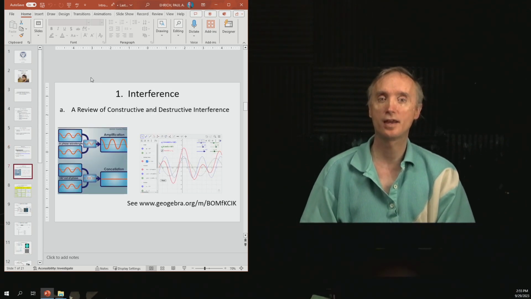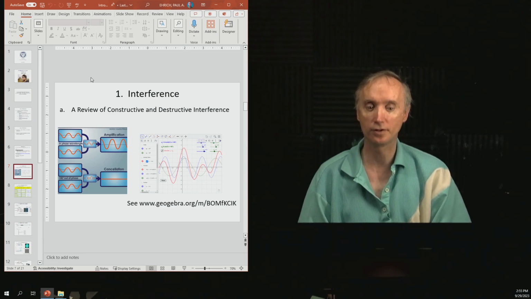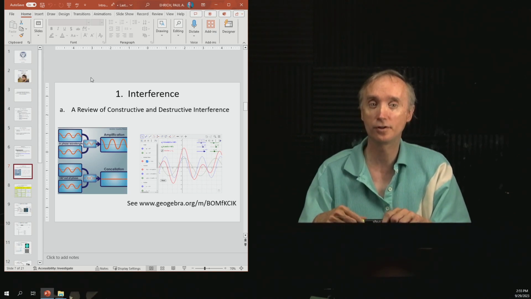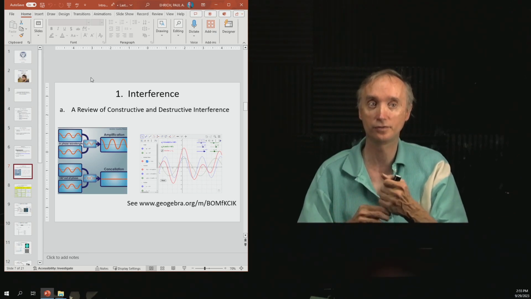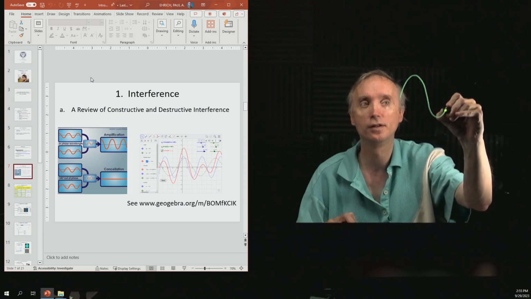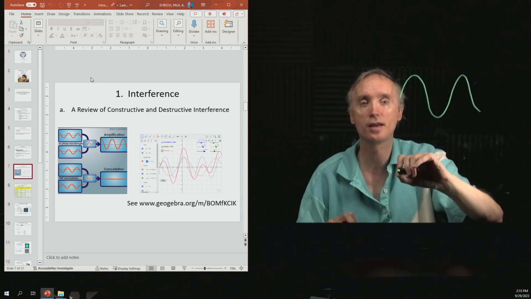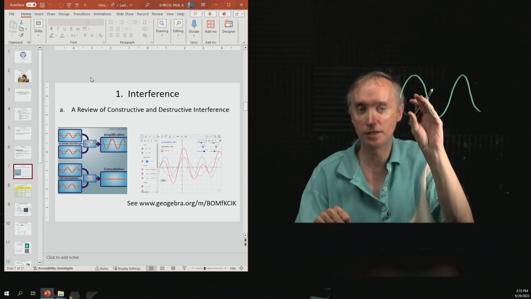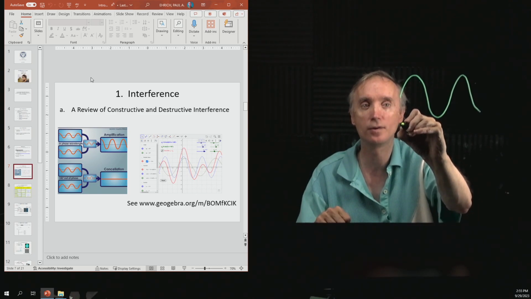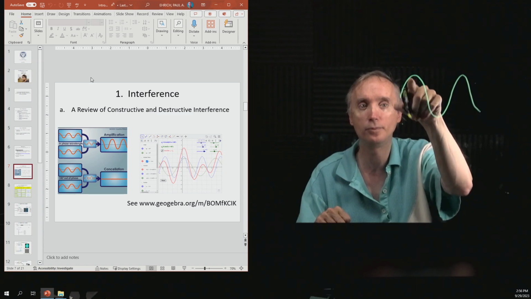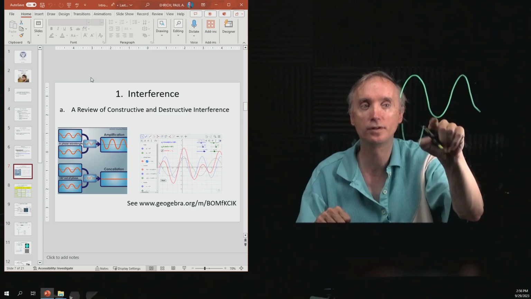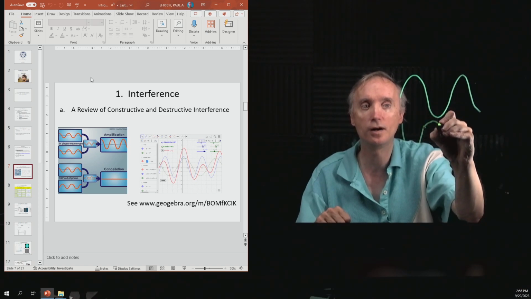All right, first, a review of interference. So what does interference mean? There were two kinds of interference, constructive and destructive. So any time that you got one wave that is going like this and another wave is being superimposed on top of that wave, but let's say that whenever this one's going up, then this one is going down, and whenever this one's going down, then this one's going up.